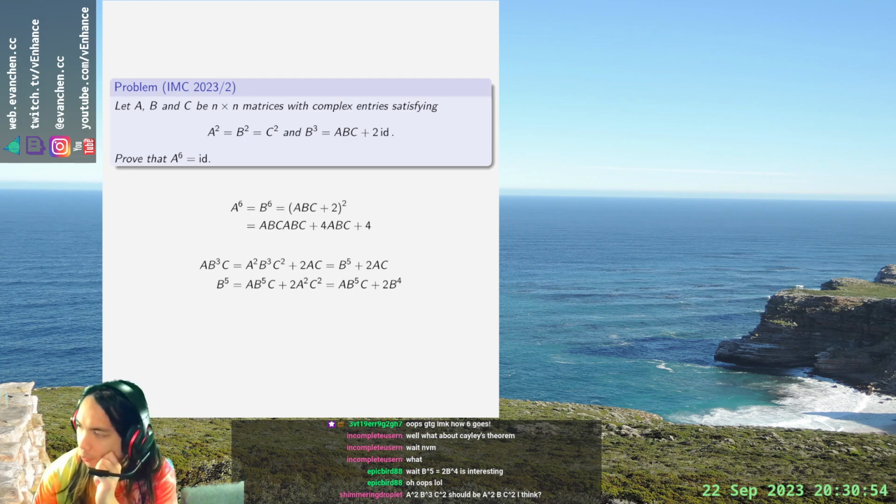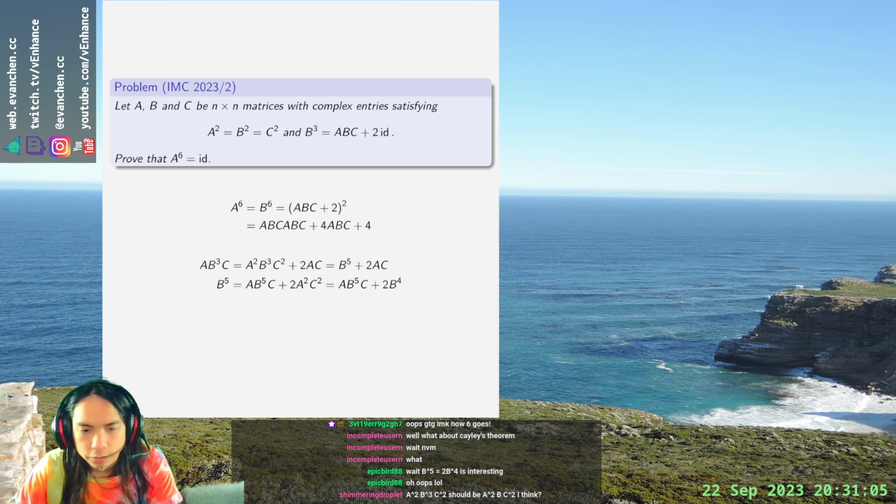A squared B cubed C squared. Did I mess up? A squared. Yeah, sorry, you're right. It should be A squared B C squared, which is then B to the 5.